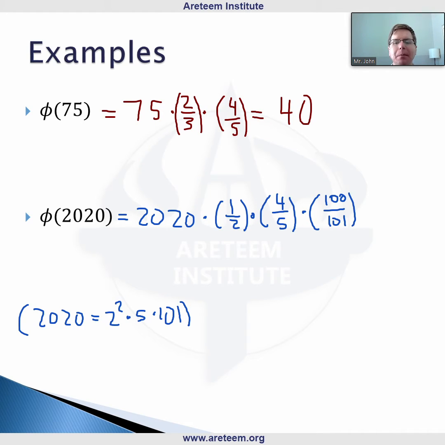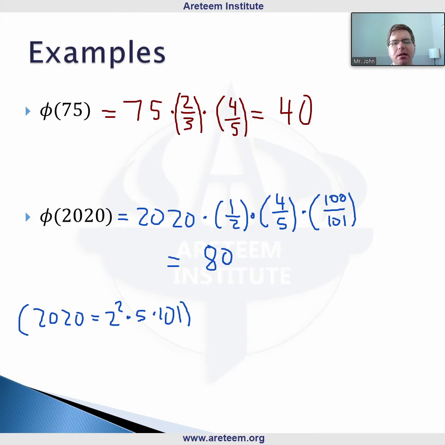Now, remember that prime factorization when doing the multiplying as well. Because if 2020 is 2 squared times 5 times 101, everything in that is going to cancel with the denominator, and we're left with a 2. 2 times 4 times 100 is 800 here.